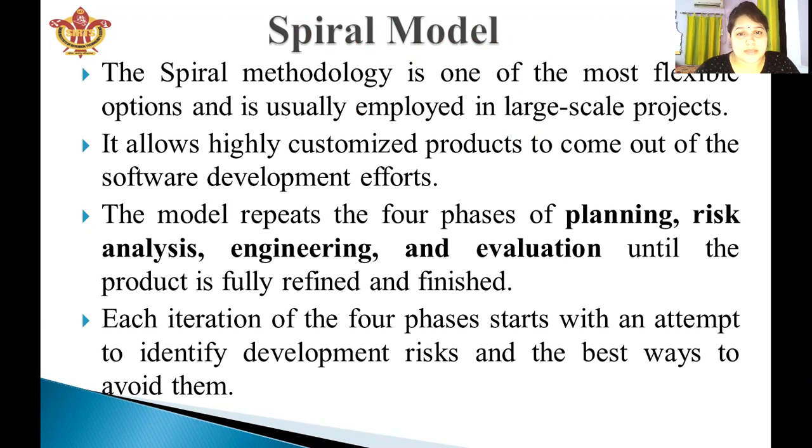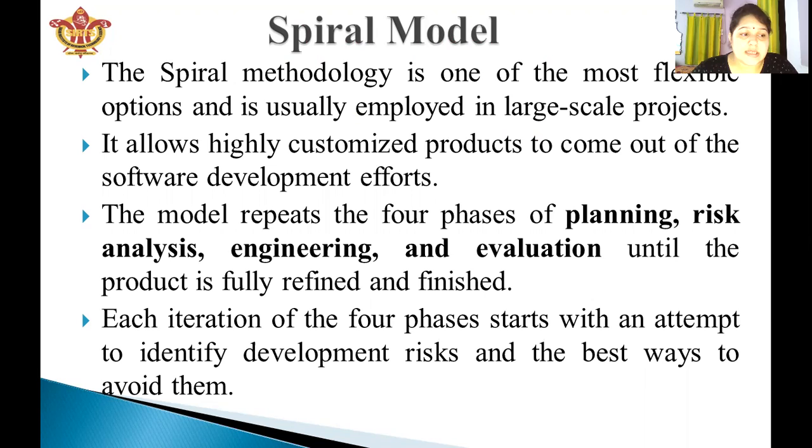Spiral model methodology is one of the most flexible options, and it is usually employed for large-scale projects, right? You can also say that the spiral model is similar to the incremental model, with more emphasis placed on risk analysis.